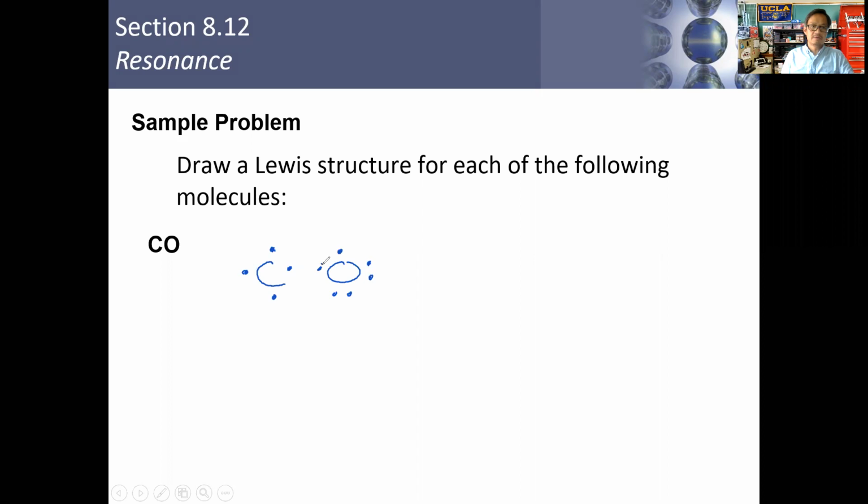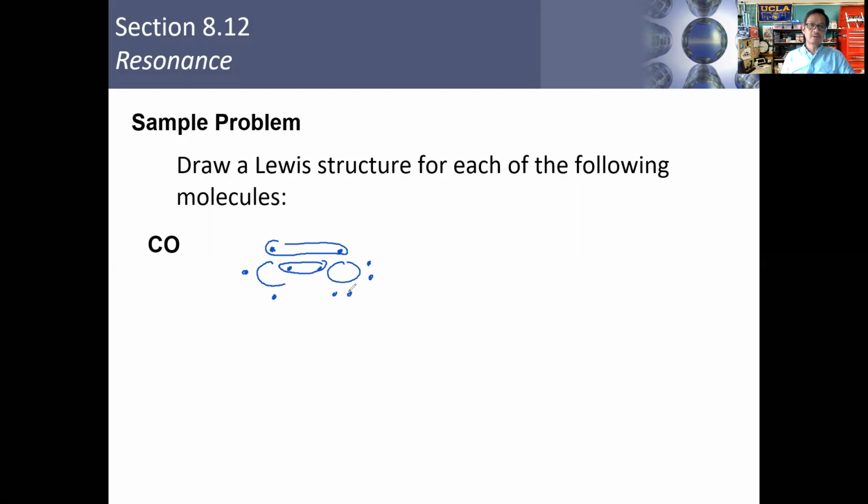If you draw a double bond between carbon and oxygen, the oxygen has its octet, but carbon does not. Remember, carbon and oxygen both must have their octet. Here you have 2, 4, 6, 8 on oxygen, but only 2, 4, 6 on carbon.